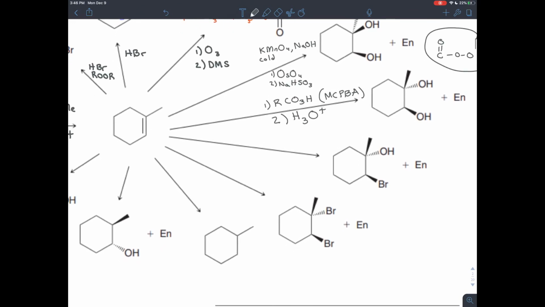For the next one, we start with an alkene, and we see that we add an OH and a Br. That's halohydrin formation. Notice also the OH goes on the more substituted carbon, and we get both enantiomers, a racemic mixture of those. The recipe for that was Br2 and then H2O. The alkene attacks the Br2.